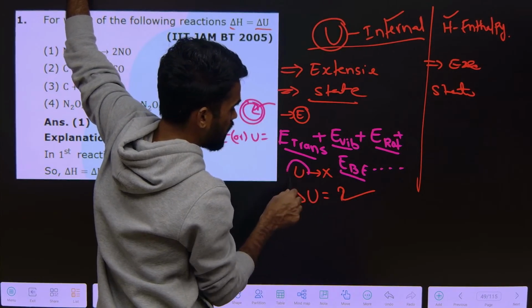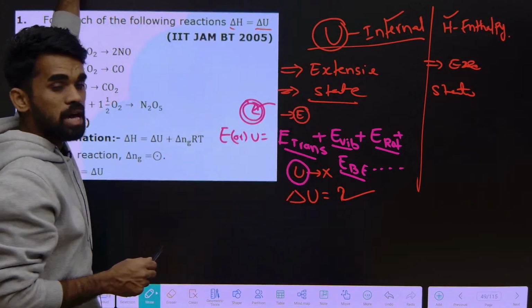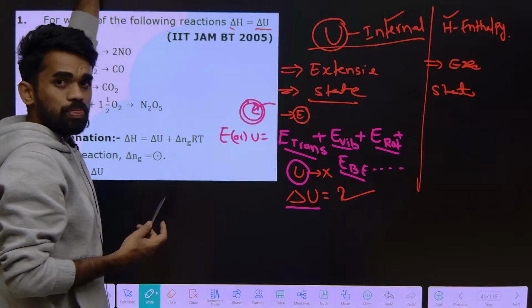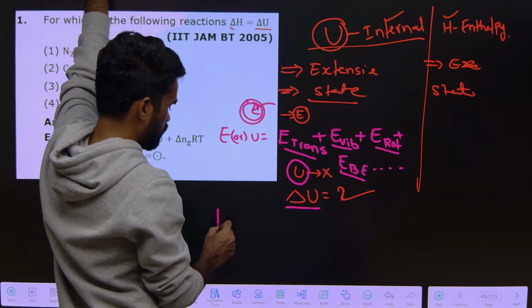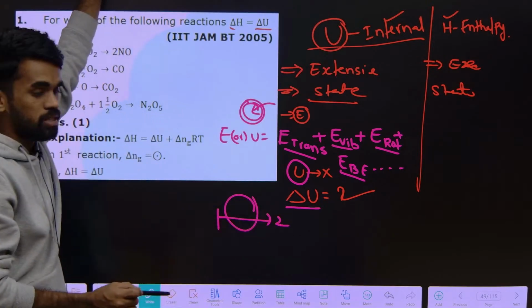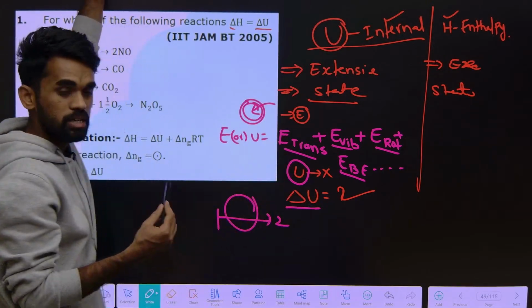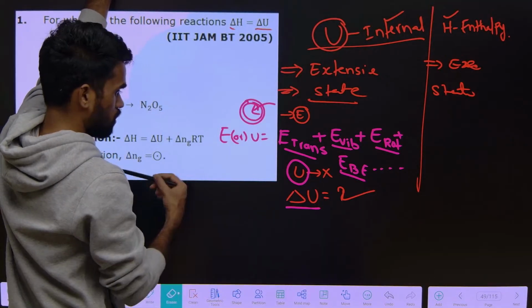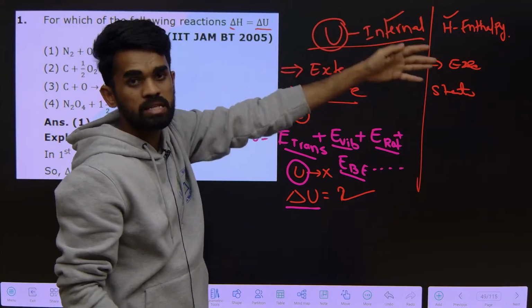Therefore the exact value of internal energy cannot be calculated, but the change in internal energy can be. During a process from state 1 to state 2, the energy change associated with this transformation can be calculated as delta U. But the exact value cannot be calculated for internal energy as well as enthalpy.